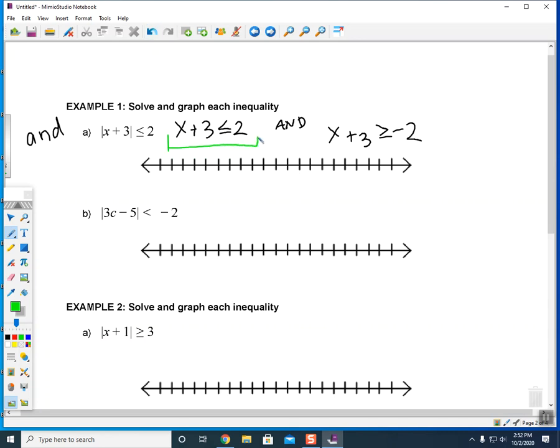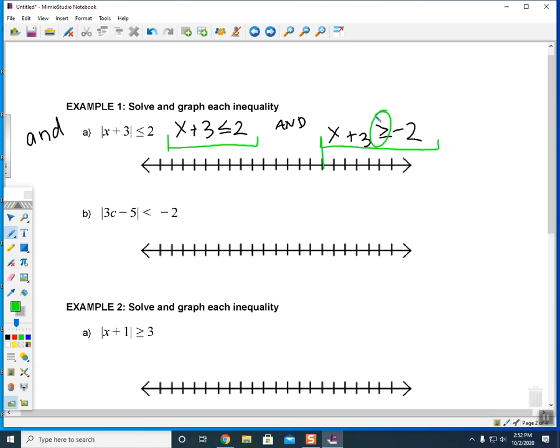It's x plus 3 is less than 2. That's normal. But absolute value says that I also have to do the negative version of that. And so over here, I have the negative version of that, but I kind of have to think about it like I'm multiplying or dividing by a negative number. So it makes sense that my sign's going to flip because I have a negative number, right?